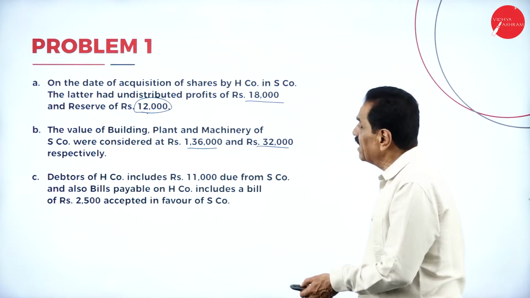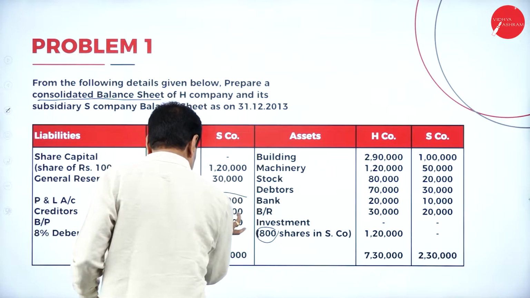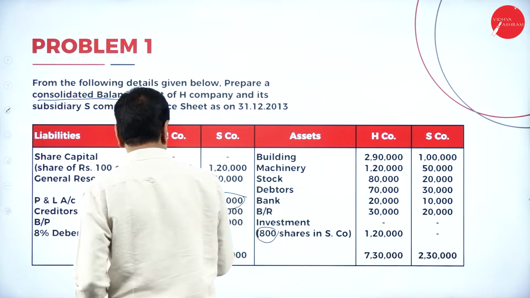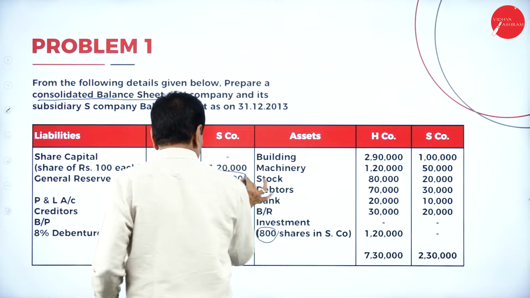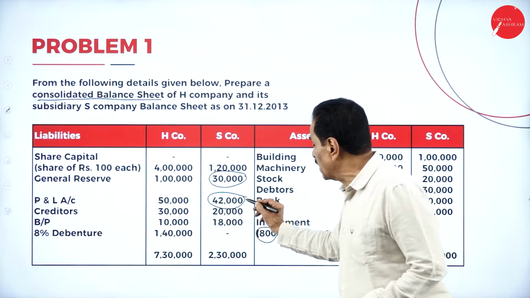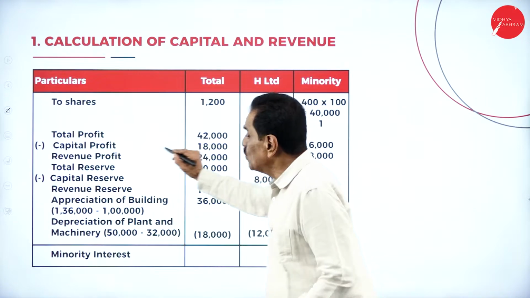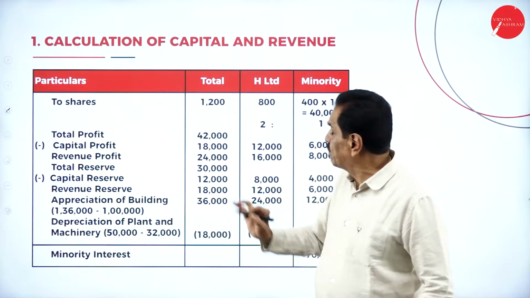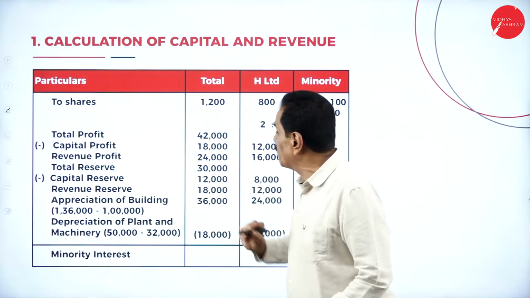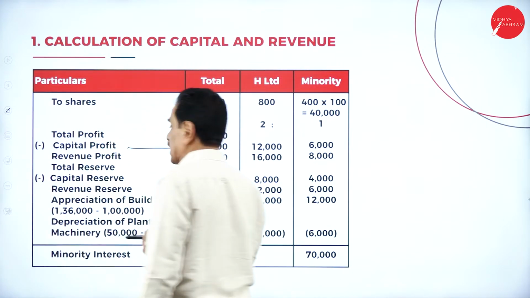So, if you see here, the total profit of S company is 42,000, and the general reserve is 30,000. You remember, general reserve is 30,000 and the profit and loss account is 42,000. Come back here. The total profit available in the balance sheet is 42,000. At the time of acquisition, there was a capital profit of 18,000.